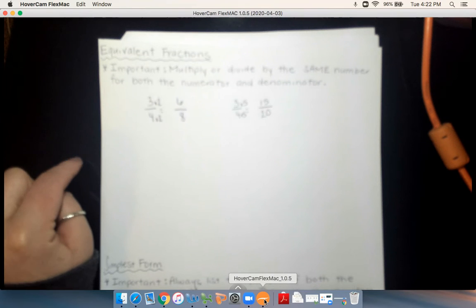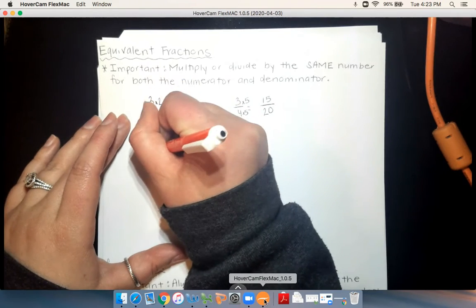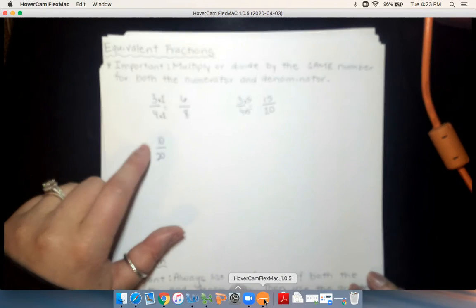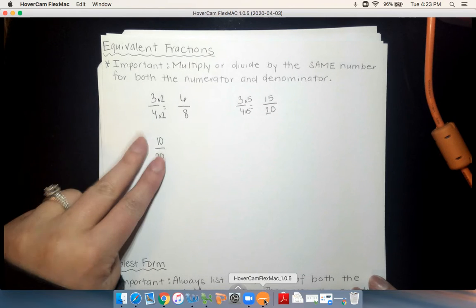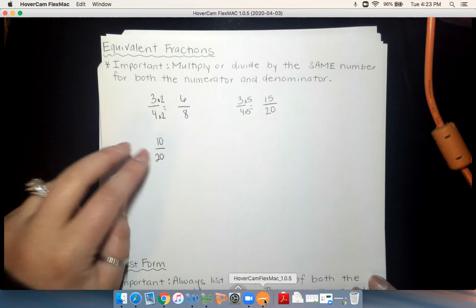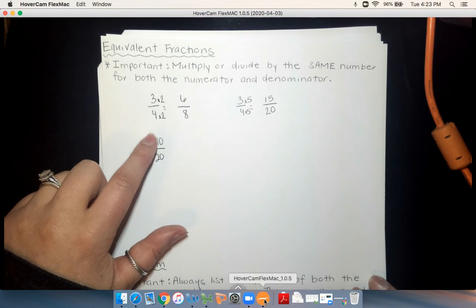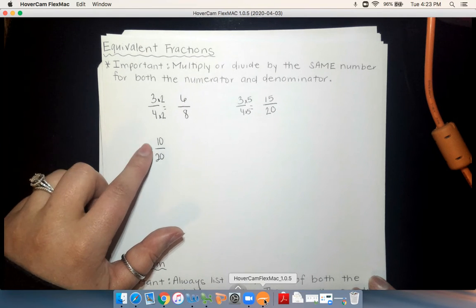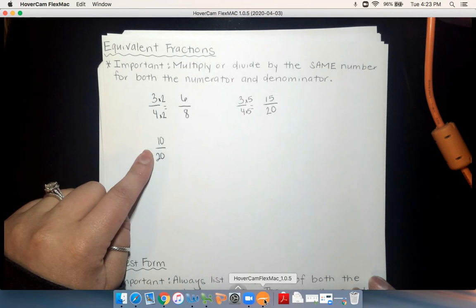I can also divide to find equivalent fractions. If my number is really big, let's pretend my numbers were 10/20, and I wanted to find a fraction that was equivalent to 10/20 by dividing. There are two rules here. The first one is that you have to divide both the numerator and the denominator by the same number. The second is that not all numbers are divisible by the same thing.